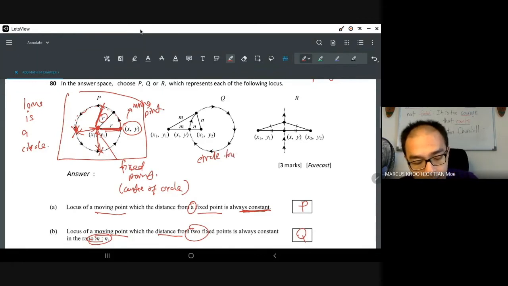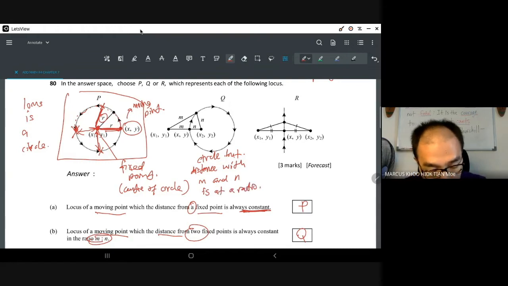The distance to m and the distance to n are at a ratio. Here is the distance to m and the distance to n, and there's a ratio.